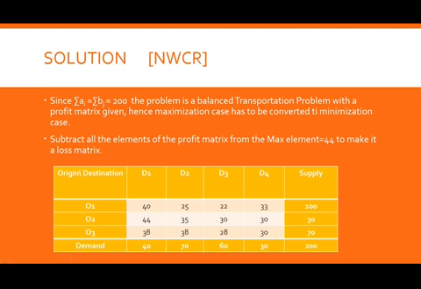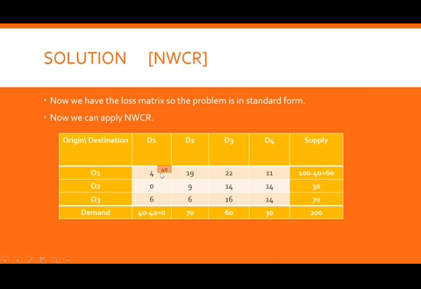This calculation has to be done, and the resultant matrix will be 4, 19, 22, 11, 0, 9, 14, 14, 6, 6, 16, 14. Right?